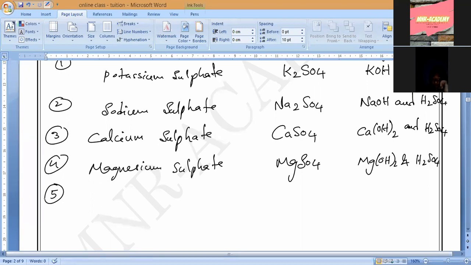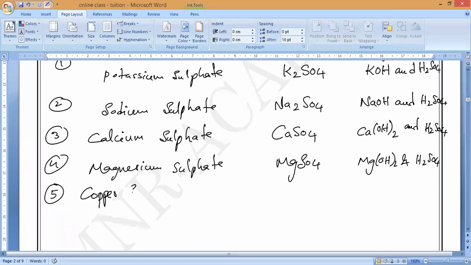Next, copper sulfate. CuSO4. Base: Cu(OH)2, and acid: H2SO4. Understand?